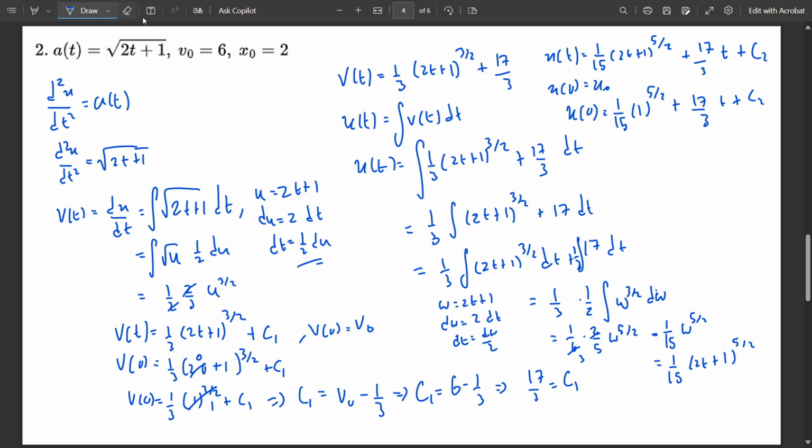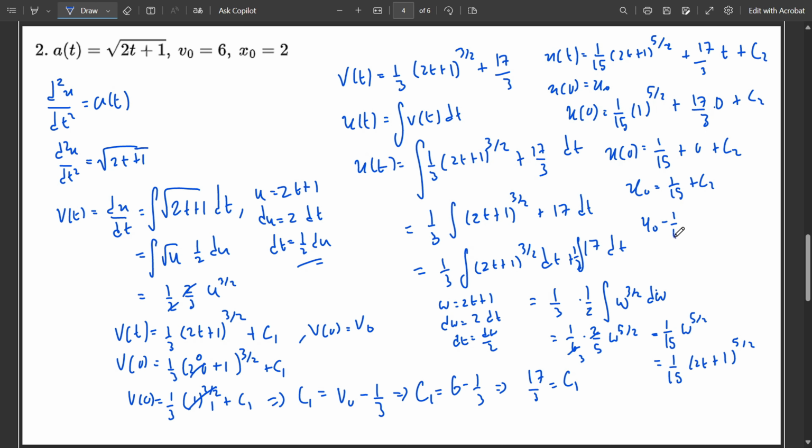Well, this t term is 0 right here. Our x of 0 is just 1 over 15 plus 0 plus c2. Well, x initial equals 1 over 15 plus c2, then x of 0 minus 1 over 15 is our c2.